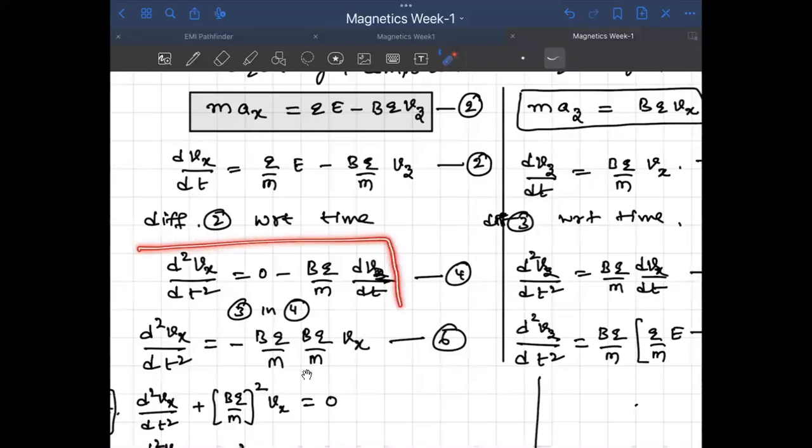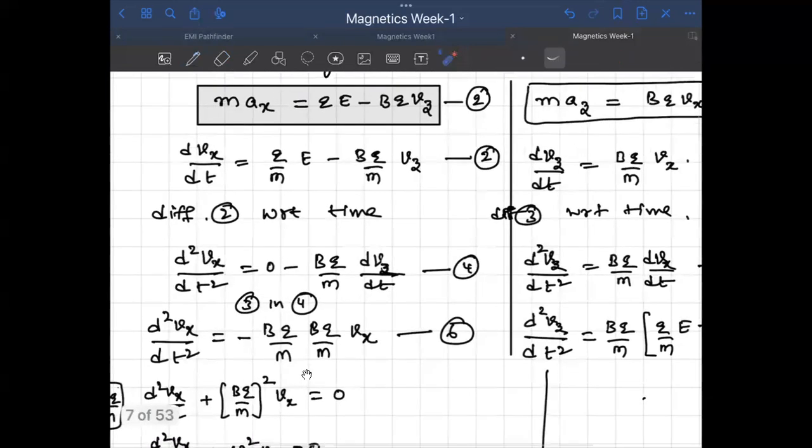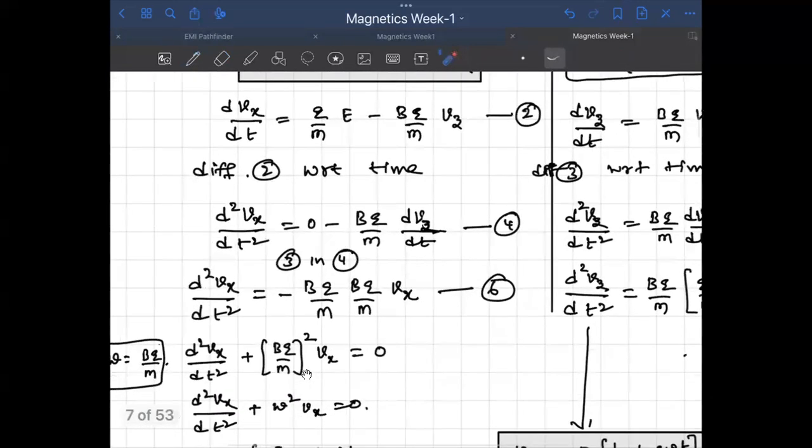You have any doubt till this point? Just please give me clarity. Right. Any doubt till this point? So therefore, you can simply write this entire thing as bq by m.